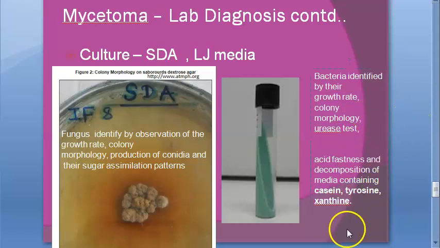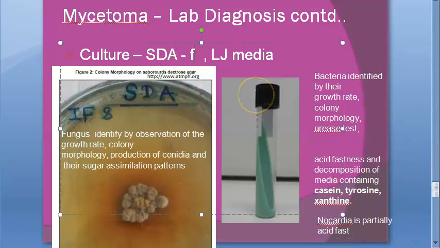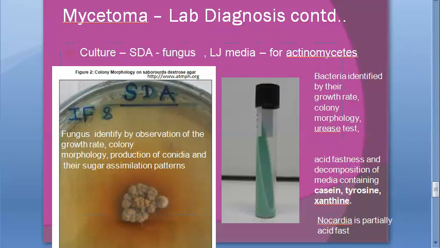You know, Nocardia is partially acid fast. Let's write that here. Nocardia is partially acid fast. Okay, so that's it about lab diagnosis. This is for fungus, and LJ media for actinomycetes.